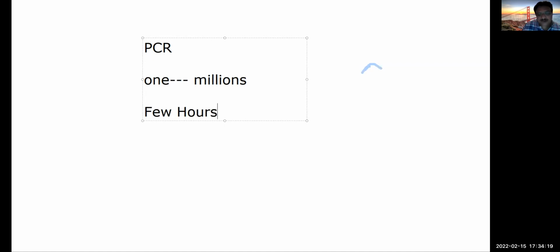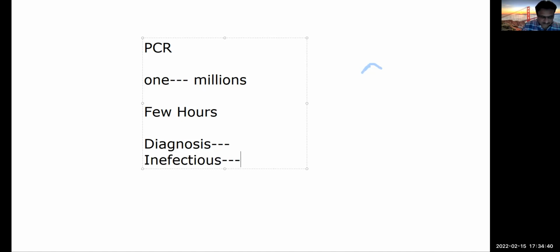Now this is the basic technique that is being used for diagnosis of any disease. What do I mean by any disease? Infectious disease.